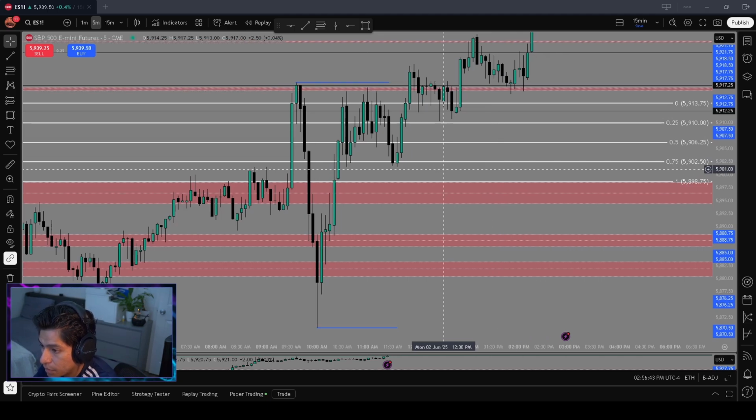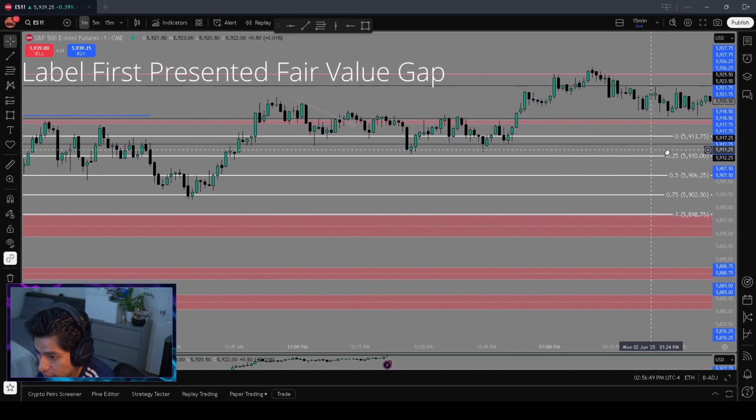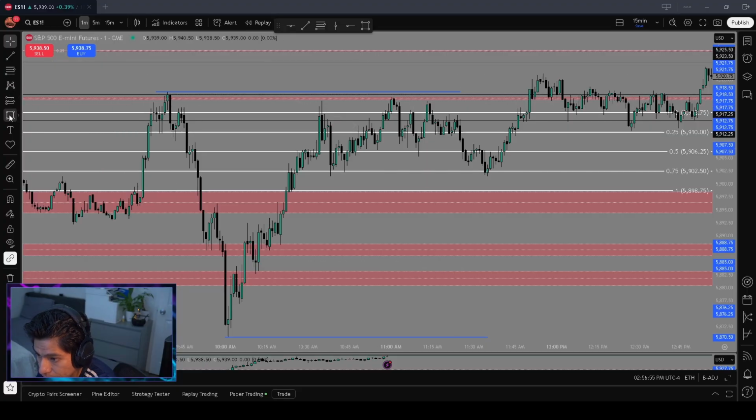So using that, we have the first presented fair value gap within this 30 minutes, which would be this one. This one and there. No, I'm wrong. Just kidding, guys.